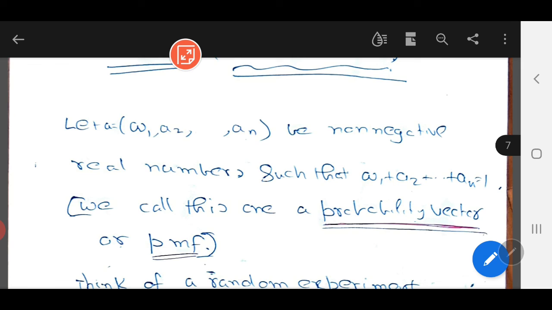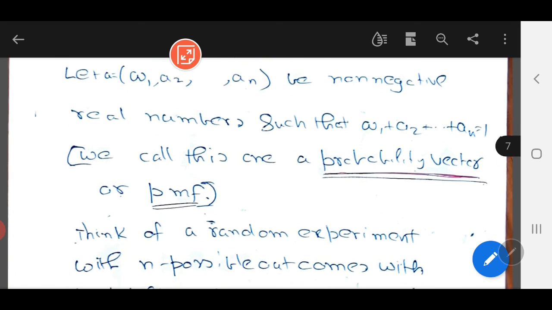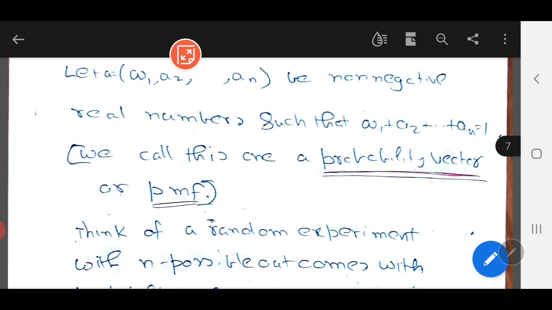We are starting with the mass function here. Let A be a set of non-negative real numbers A1, A2, ..., An such that A1 plus A2 plus etc. plus An is 1. We call this a probability vector or a probability mass function, because we are dealing with vector spaces.